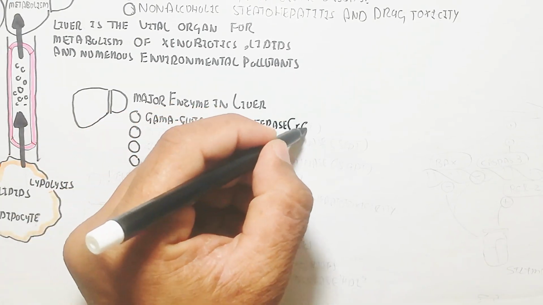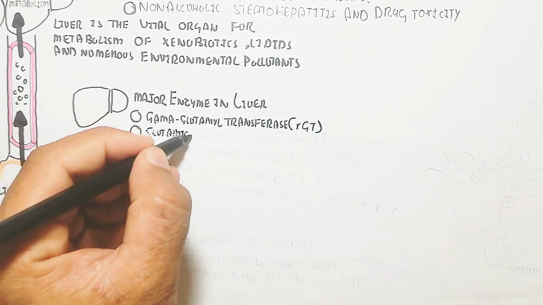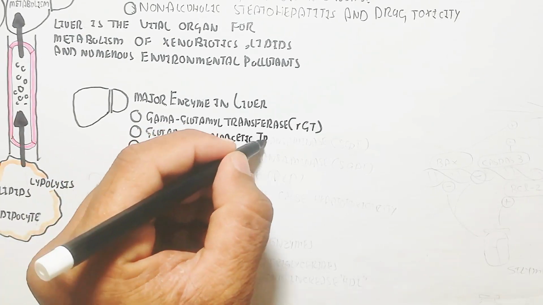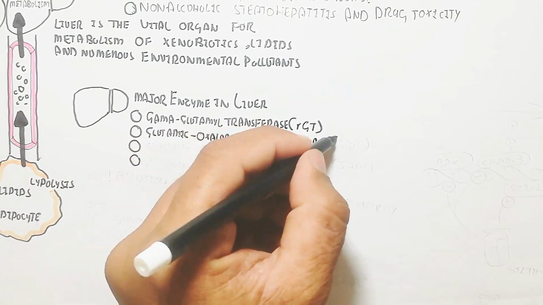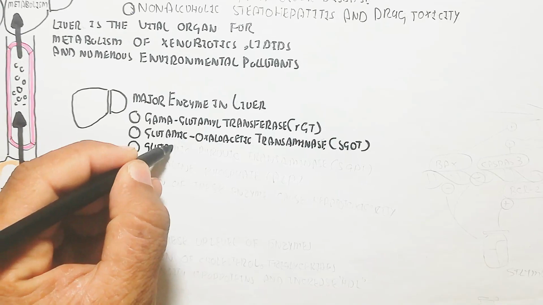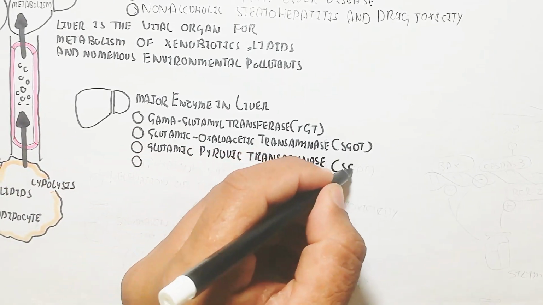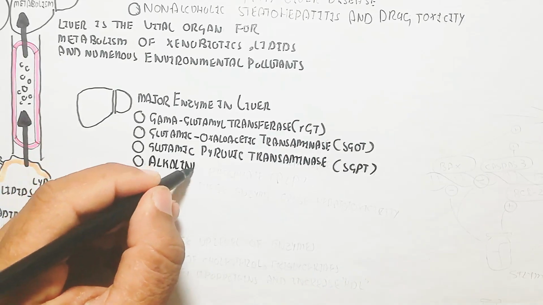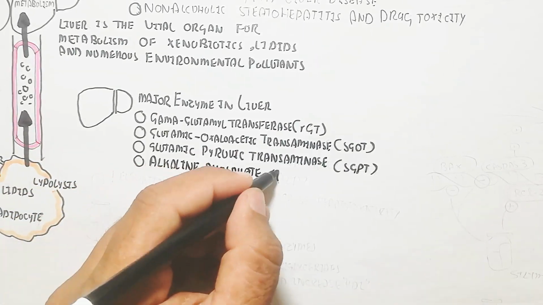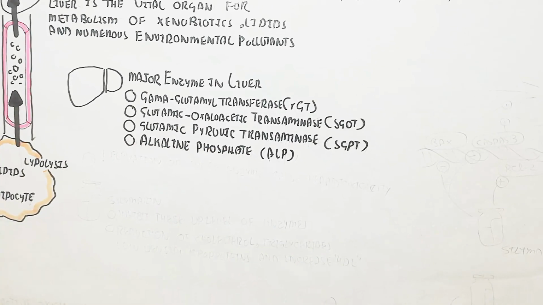The major enzymes in the liver are gamma glutamyl transferase, glutamic oxaloacetic transaminase, glutamic pyruvic transaminase, and alkaline phosphatase. Elevation of these enzymes causes hepatotoxicity.